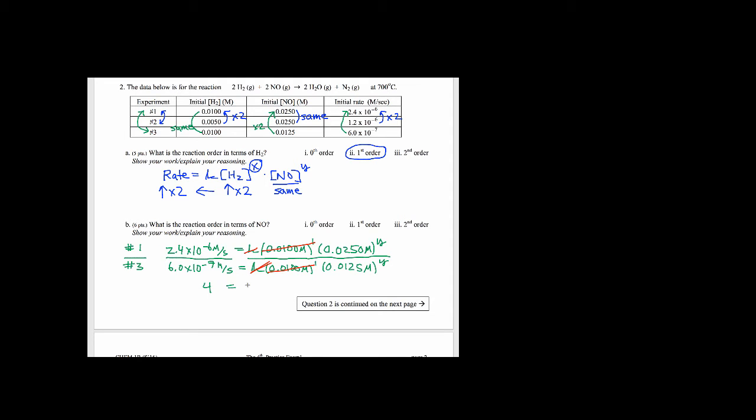So we get 4 is equal to 2 to the Y, and that means that Y must equal 2, and this process is second order in terms of NO.